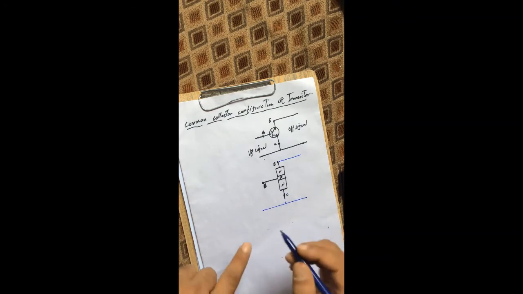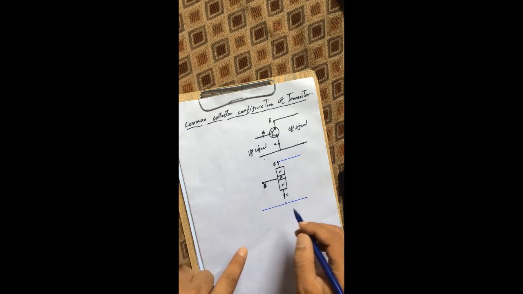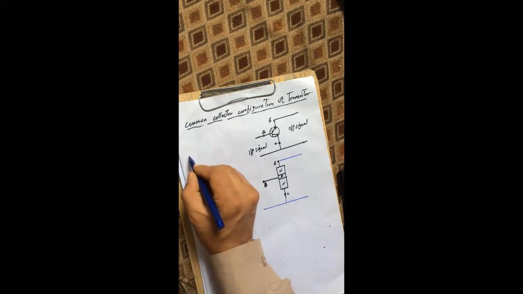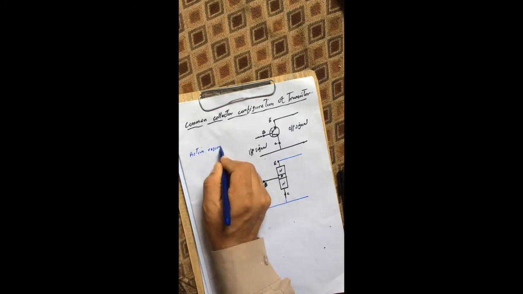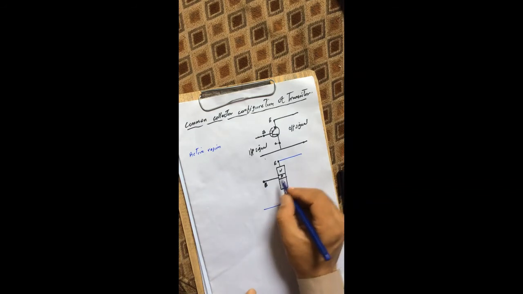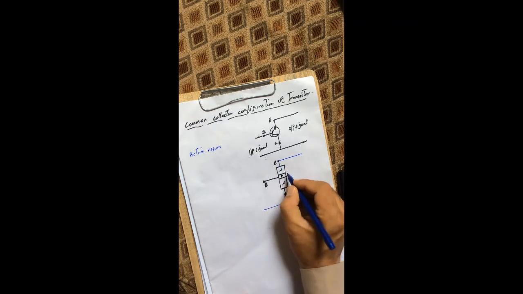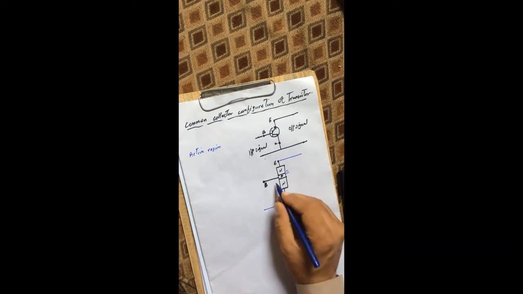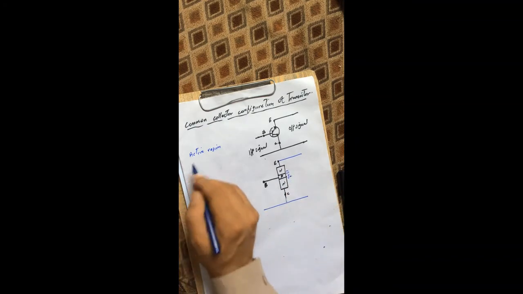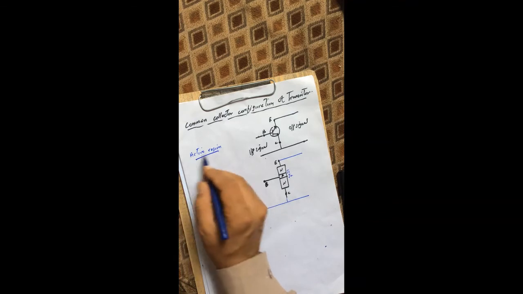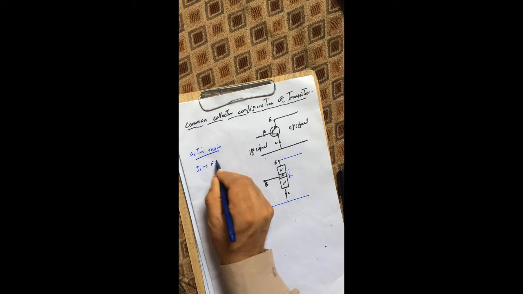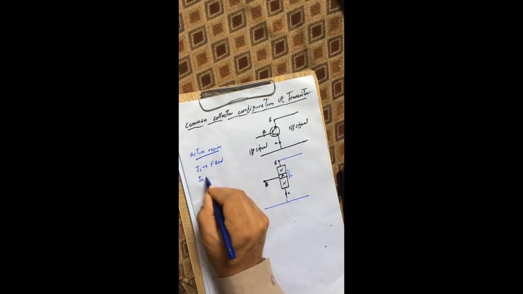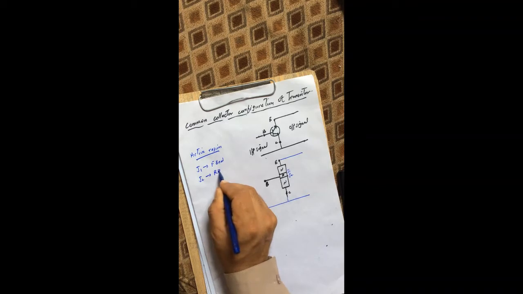Now, when a transistor is working in the active region, we have two junctions. The junction between emitter and base is J1, and the junction between base and collector is J2. In the active region, junction J1 will be forward biased and junction J2 will be reverse biased.